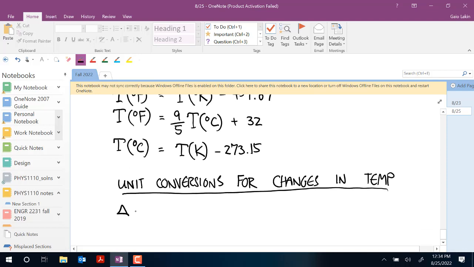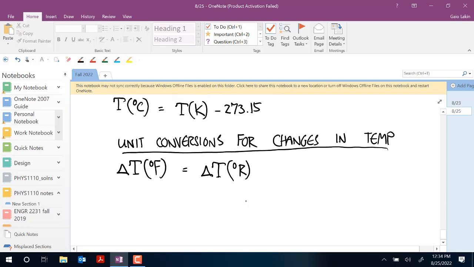So first, a change in Fahrenheit temperature is the same thing as a change in the Rankine temperature. A change in the Fahrenheit temperature is 9/5 of the change in the Celsius temperature.